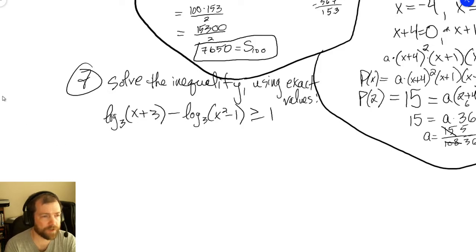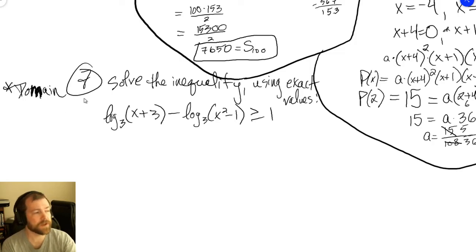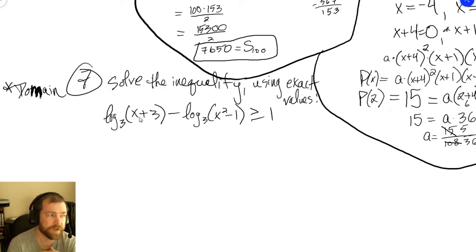All right, right out of the gate here. Everybody who's taken precalculus should immediately have red flags going up. This is going to have some domain issues, which are going to prevent us from getting possible answers in certain regions. So, we have to look at this and say, what do we know about logarithms?